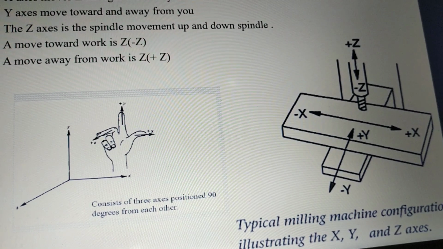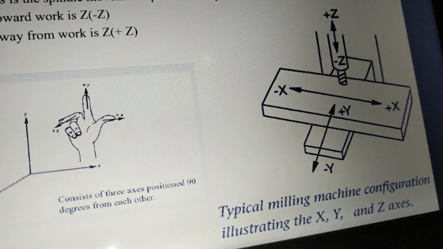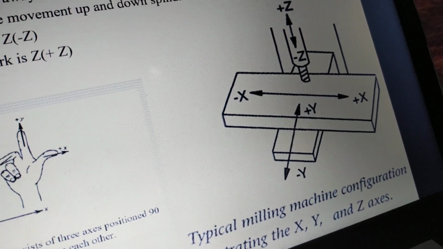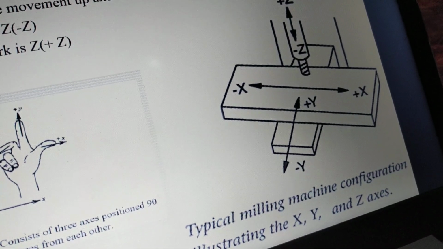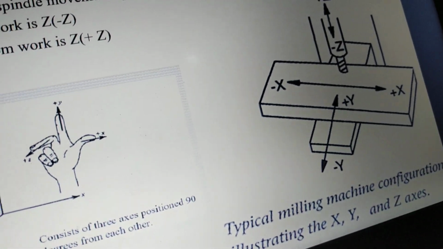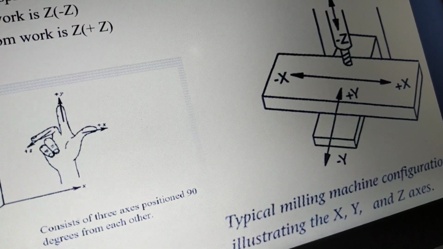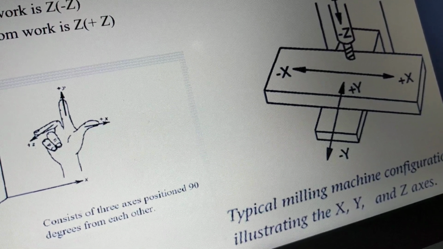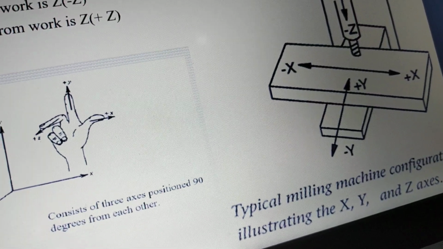You can see that here. You can see here z-axis is vertical. This is for a milling machine or drilling machine, and x-axis movement is along the horizontal direction, y-axis which is perpendicular to both x and z.